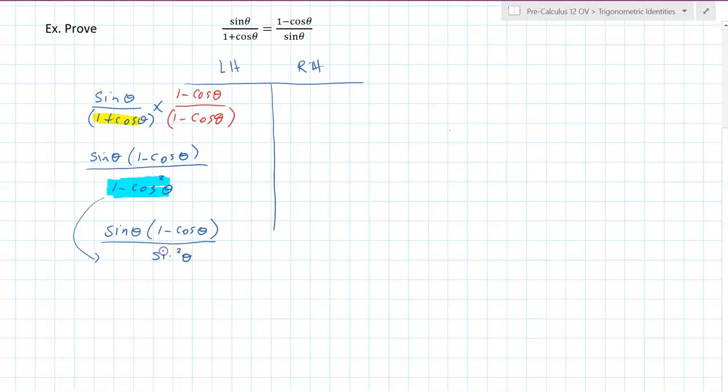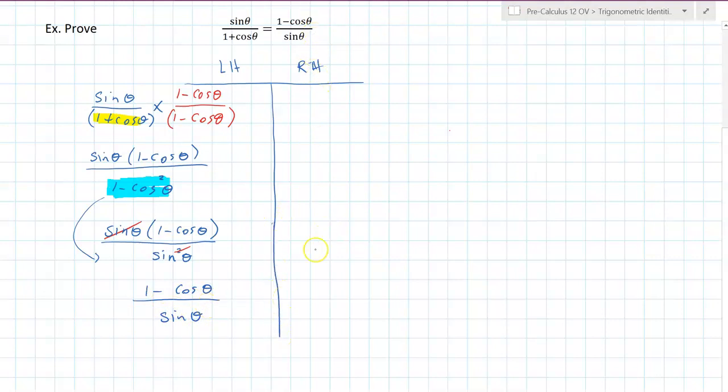Okay? So now that we have that, we can simplify. Sine divided by sine squared: one of the sine theta will divide out. So the final answer we'll have is 1 minus cos theta divided by sine theta. Now, what do we have on the right hand side?